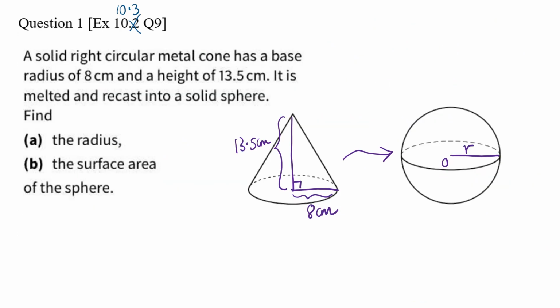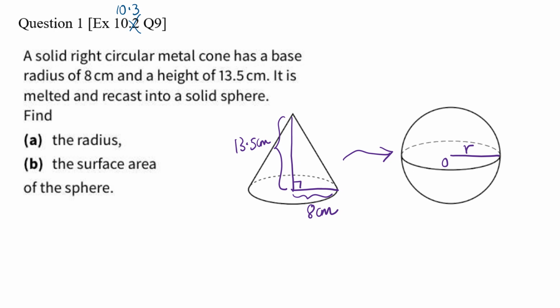Right, let's look at exercise 10.2 question 9. What this question is all about is you have a metal cone, and then you melt it, and when you melt it, you put it in a mold to form a sphere. You're asked to find the radius of the sphere. In this case, we are comparing volume. That's the concept here.